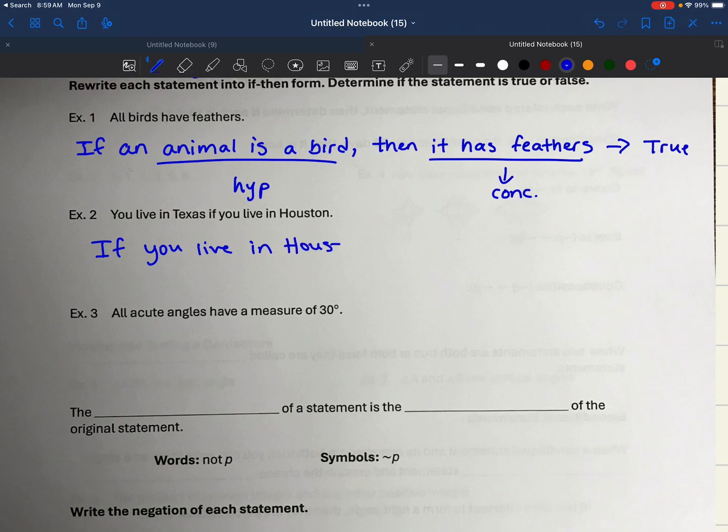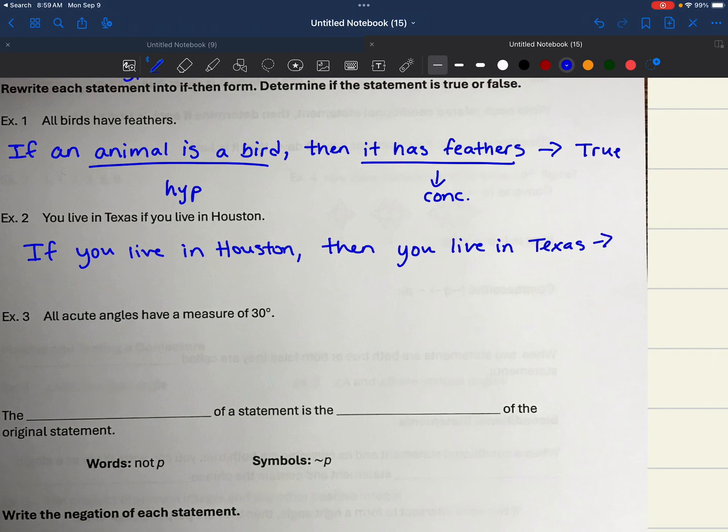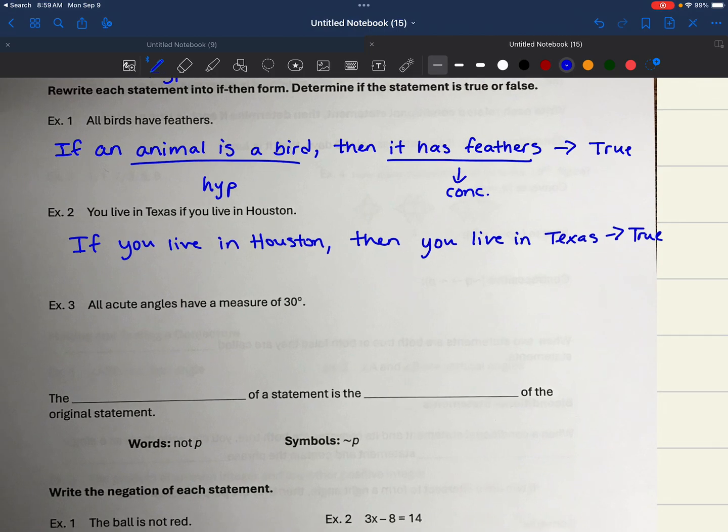So our hypothesis: if you live in Houston, then you live in Texas. Now we know this has to be true. We don't need to debate this one.